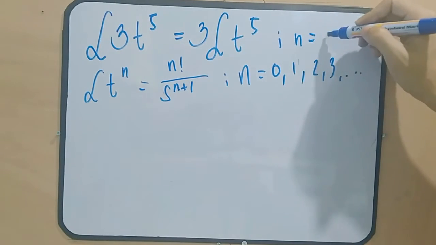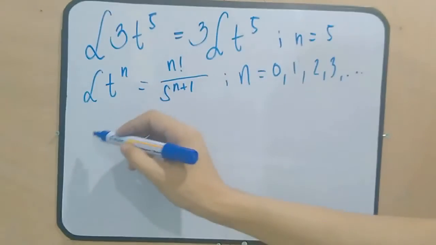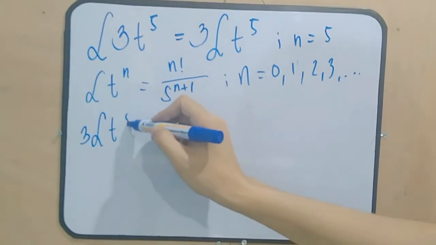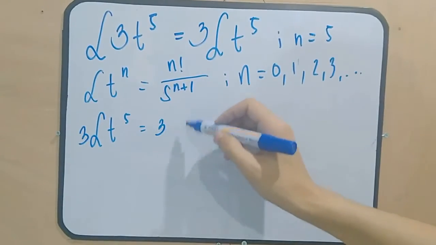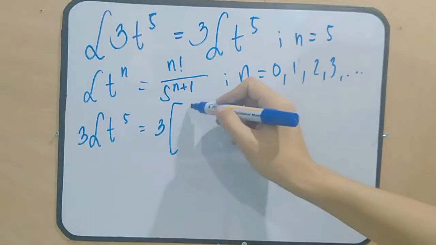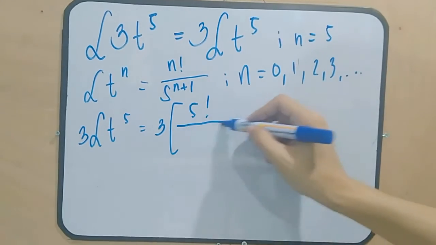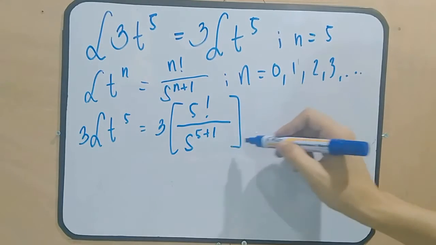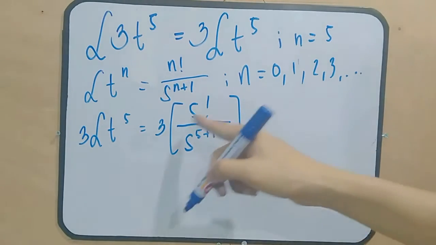So, isubstitute lang natin guys sa formula. So, we have here 3 Laplace transform of t raised to 5 equals 3 times, apply natin yung formula. So, that is 5 factorial over s raised to 5 plus 1. So, equals 3 times 5 factorial.